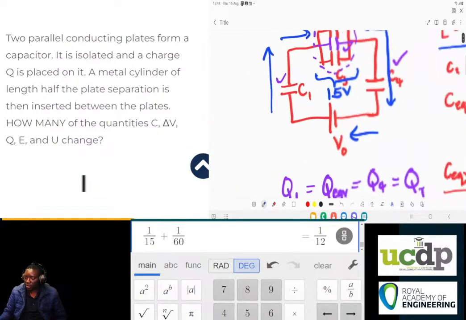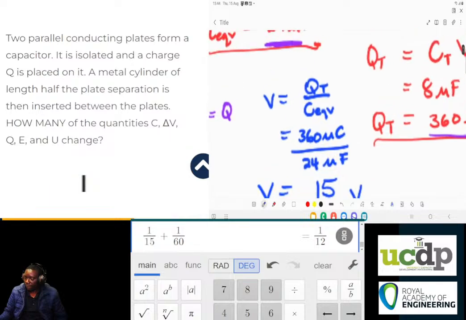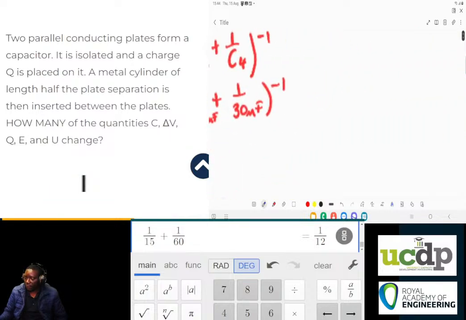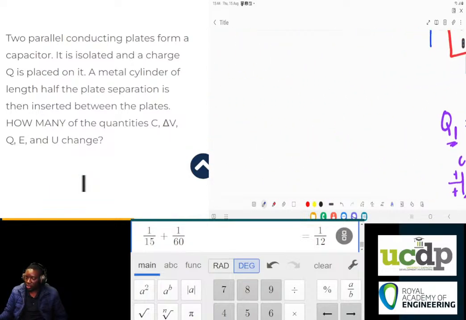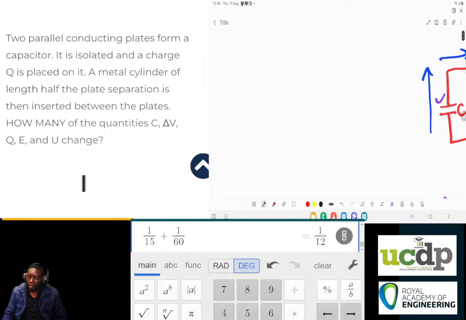No, sir. One that considers the dielectric. C equals CK. Okay, good. Or C equals A epsilon naught K over d.